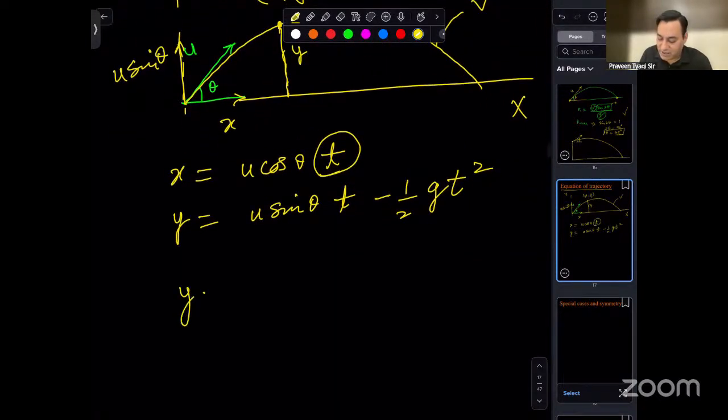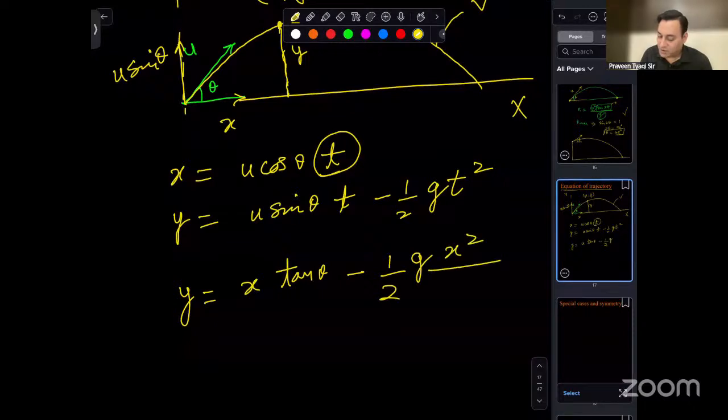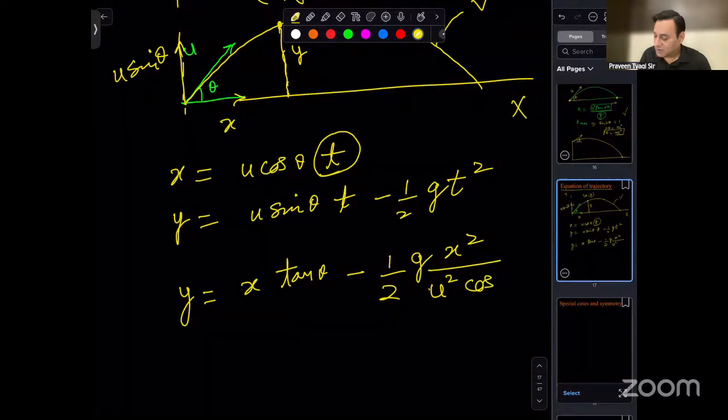So y is equal to, time can be substituted as x by u cos theta. So it will become x tan theta minus half g x square upon u square cos square theta, which is like sec square theta.